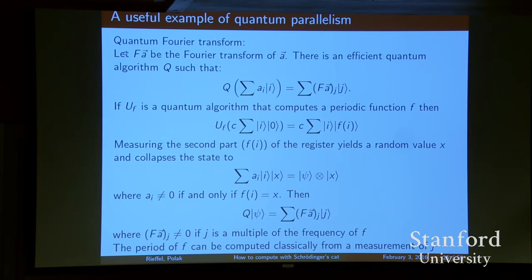If f is a classical Fourier transform, which takes some complex vector A and produces the Fourier transform of it, then there is an efficient quantum algorithm, I call it Q, which takes any superposition that has the coefficients of vector A and transforms it into a superposition of all possible basis vectors j that have the coefficients which are the Fourier transform of that vector.